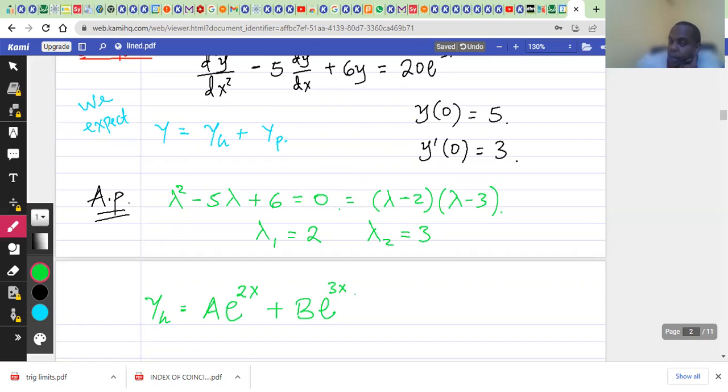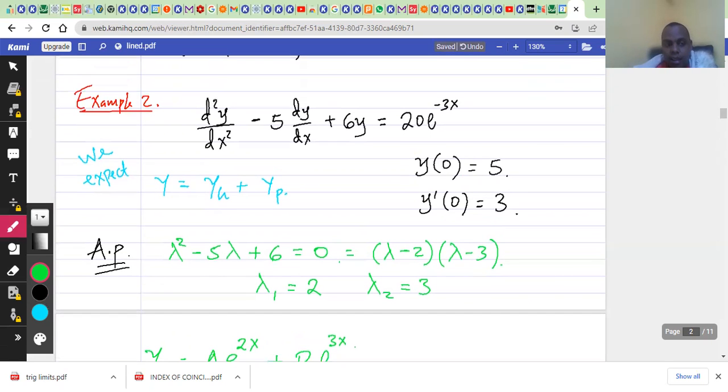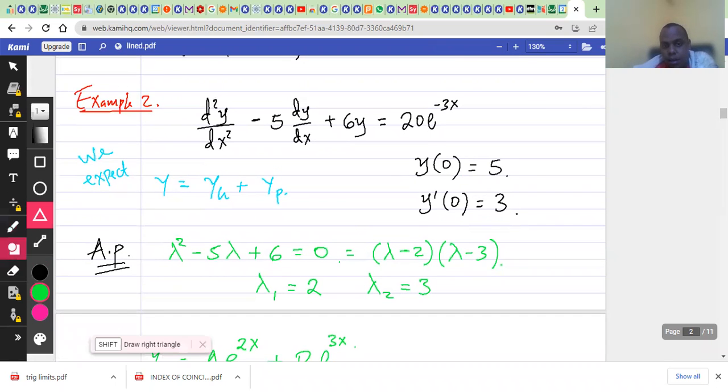Now, as for the particular solution, we are usually guided by f of x. It's going to tell us how the particular solution is going to take shape.